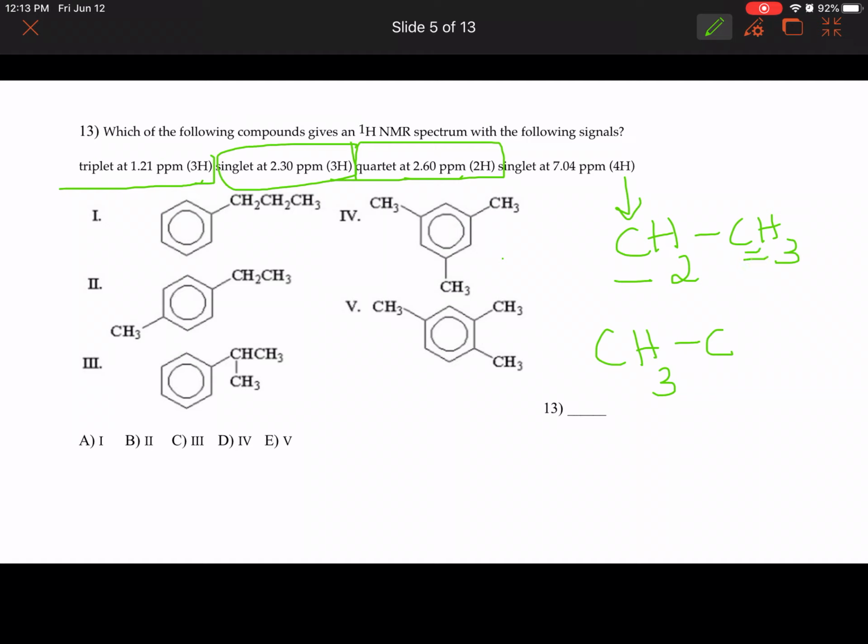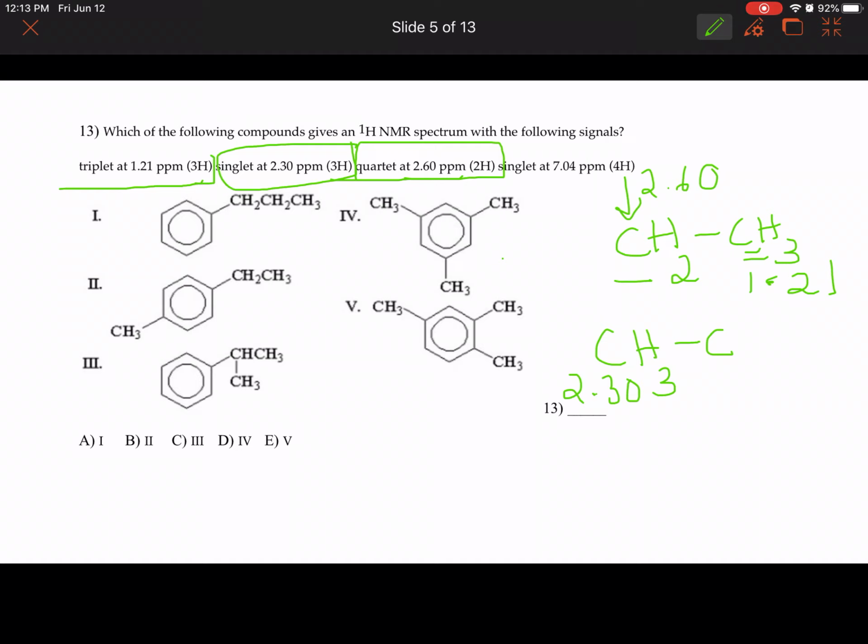So this is at 2.60 and this methyl group at 1.21. So this is the hydrogen that talks about 1.21 and then the CH2 is at 2.60. And then you have a methyl group, a singlet at 2.30 chemical shift.